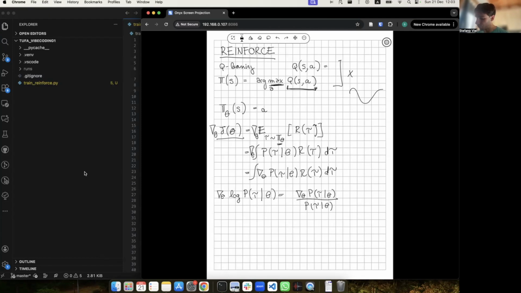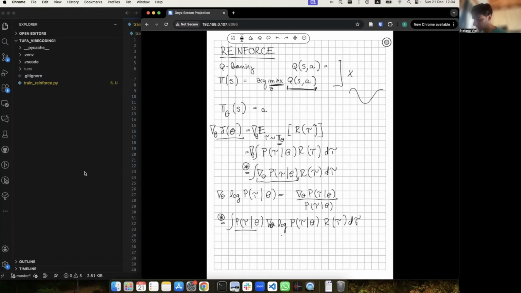And so if we bring this to the other side, we can substitute our gradient of p tau theta with p tau theta times the gradient of the logarithm of p tau theta. So it equals p tau theta, gradient of the logarithm of p tau theta, reward, and everything as before.